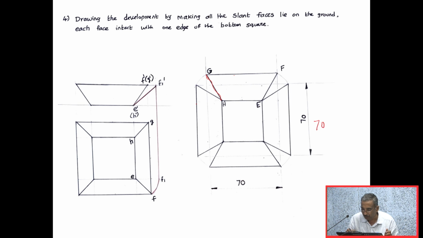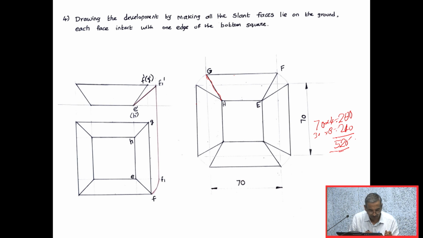So 70 into 4, that is 280. Then I have this slant edge's true length, let us take approximately 30 mm, 1, 2, 3, 4, 5, 6, 7, 8. So it will be 30 into 8, that is 240. So this method gives a cutting length of 520 mm.